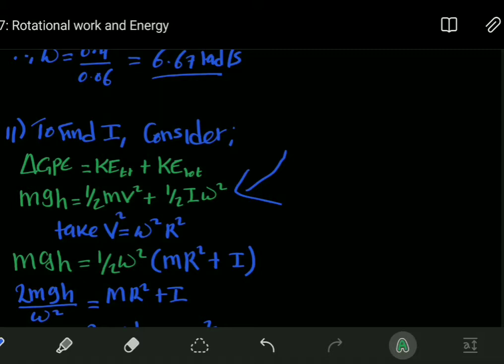Notice I've already factored out the half omega squared because it's common for the right hand side part.